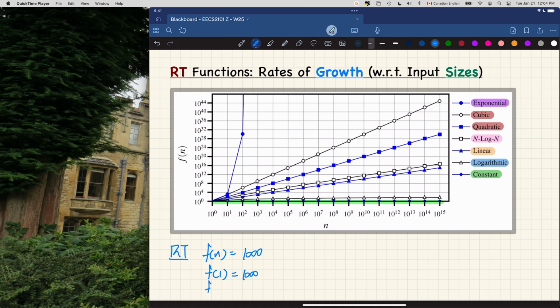What about f of 100? Also 1,000. What about f of 1 million? Also 1,000. How about 1 billion? Also 1,000. So you can really see the advantage of a constant time algorithm when the input size gets very large. It can definitely outperform all the others, right? That's why you want a true understanding of the constant function.